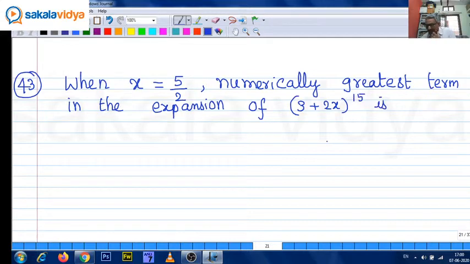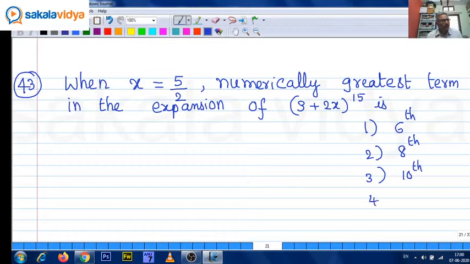Actually, one of the viewers asked this question in the WhatsApp group, so let me clarify the doubt. First option 6th term, second 8th, third 10th, fourth 12th.